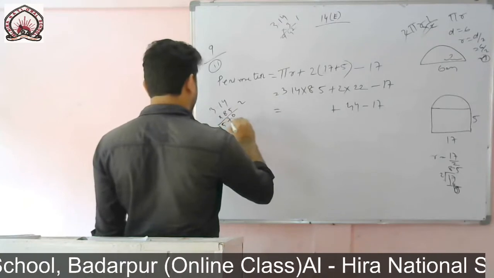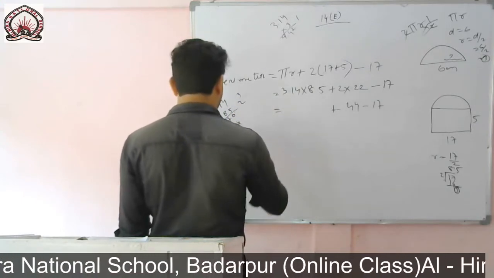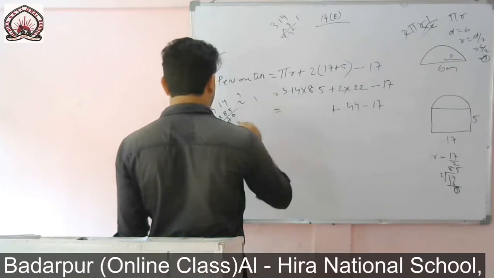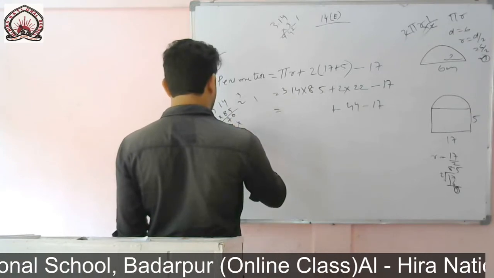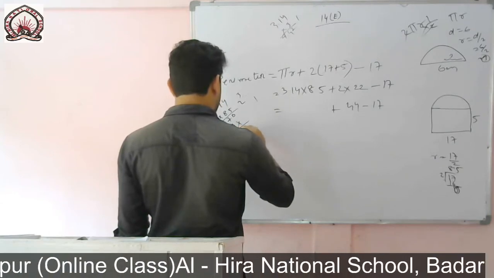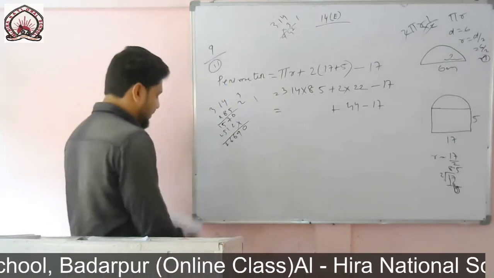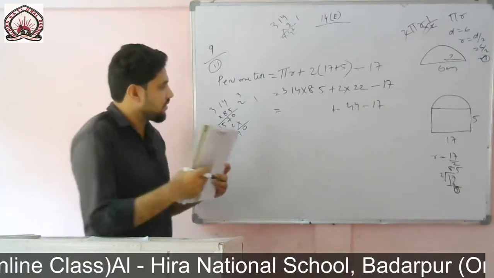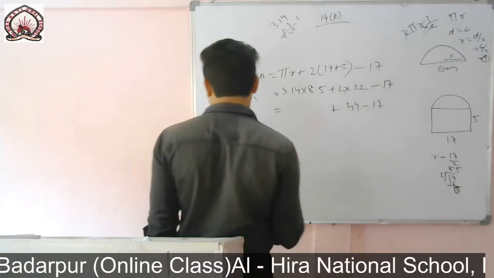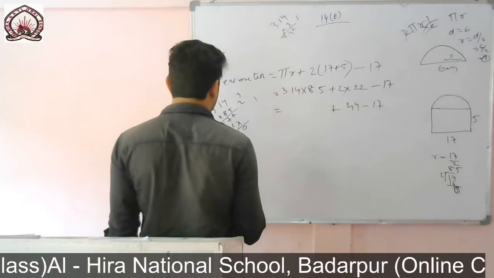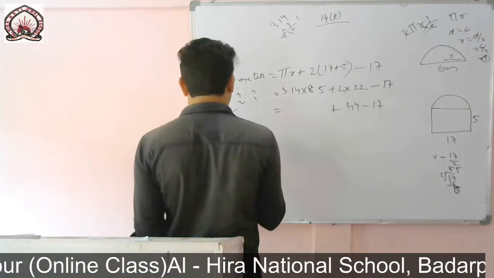3 fives are 15, remain 1. Then 09662, after 2 digits. 4 fives are 20, remain 2, 5 ones are 5, 6, 7, 5 threes are 15. 4 eights are 32, remain 3, 8 ones are 8, 9, 10, 11, remain 1, 8 threes are 24 and 1, 25.